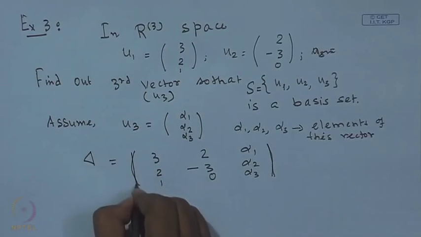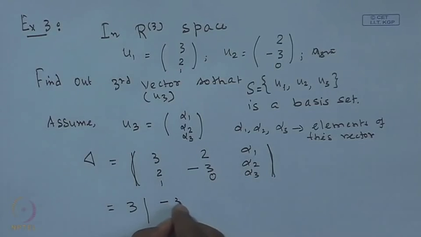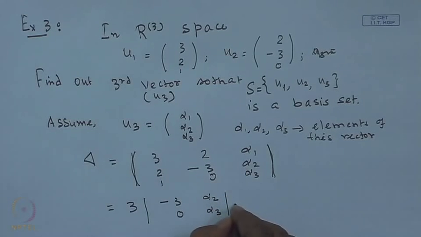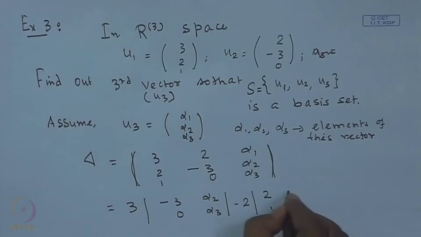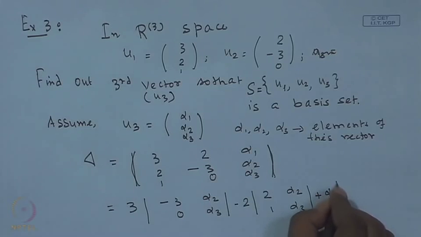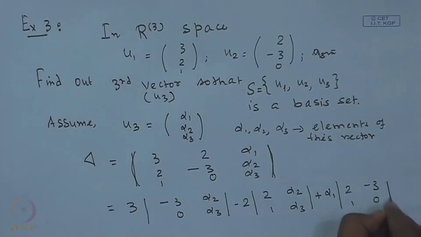Okay. So, just evaluate this determinant. If we evaluate this determinant, 3 times the minor of minus 3, 0, alpha 2, alpha 3, minus 2 times the minor of 2, 1, alpha 2, alpha 3, plus alpha 1 times the minor of 2, 1, minus 3, 0. So, we just keep on simplifying this.